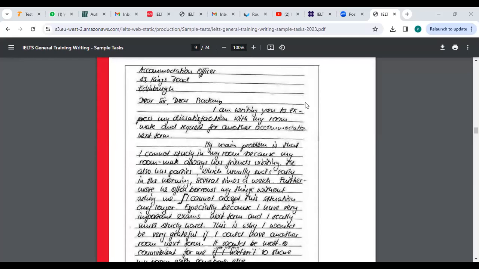Good observation. The way he used his punctuation, in some places he didn't use it well. The comma, the full stop, in some places he's supposed to put a comma instead of a full stop. Good observation. Thank you so much. Jessica Japan, what else do you see wrong with this essay?